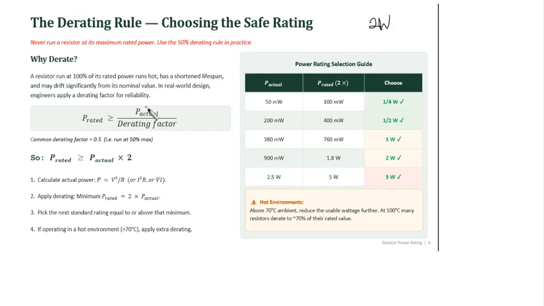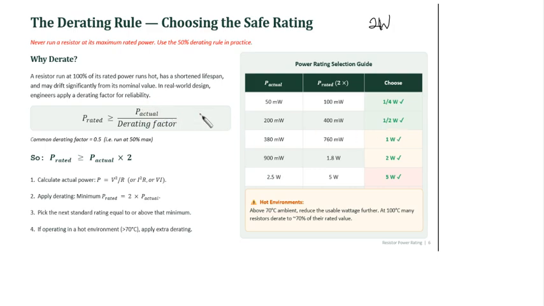So the rated power should be greater than or equal to the actual power divided by the derating factor. For most resistors, the derating factor is 0.5, which means it should not run more than 50%. The power consumption should not be more than 50% of the rated power. The rated power is what you have on the resistor.